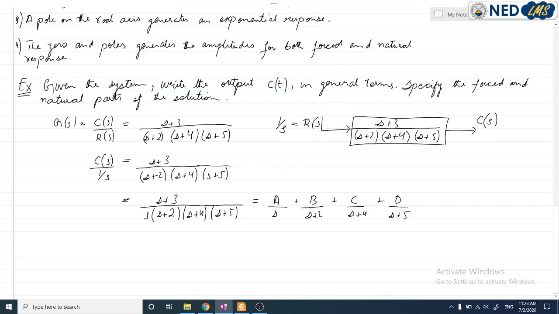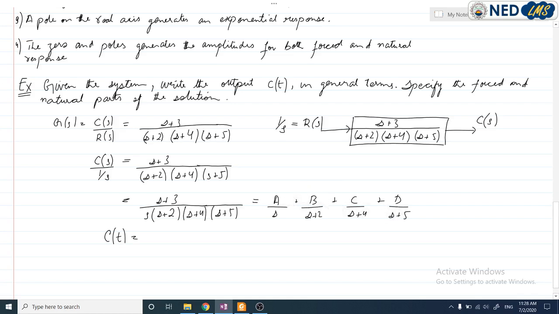Normally we calculate the values of these constant terms, but in this question we have to represent our output in general terms, so we are not calculating them.